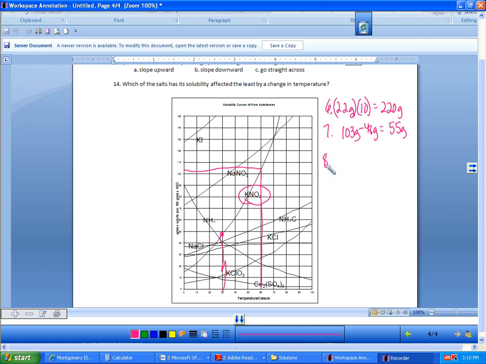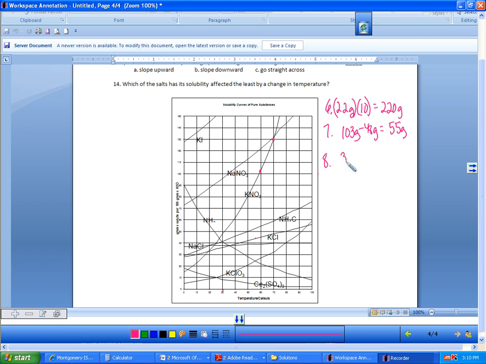Okay, number 8 says, what is the average rate of increase for the solubility of KNO3 in grams per 100 milliliters per degree Celsius in the temperature range of 60 to 70? Okay, so I'm looking at KNO3. I'm going to erase all this stuff and look at KNO3. And I'm going to go from 60 to about 70.